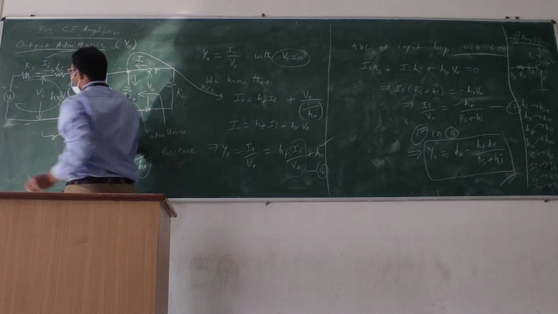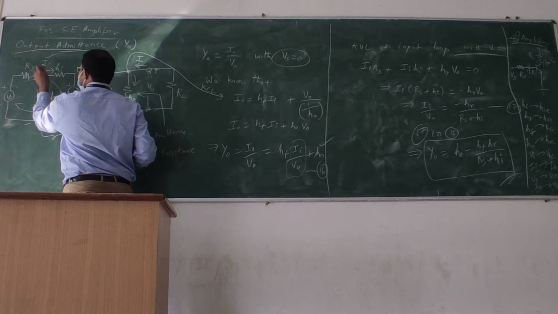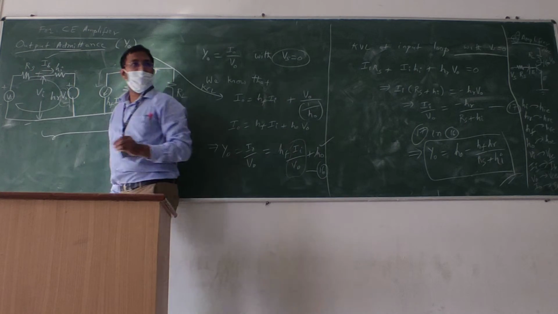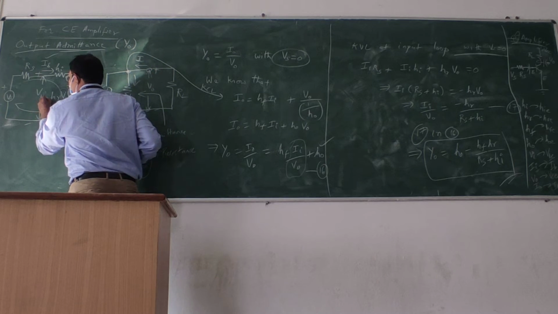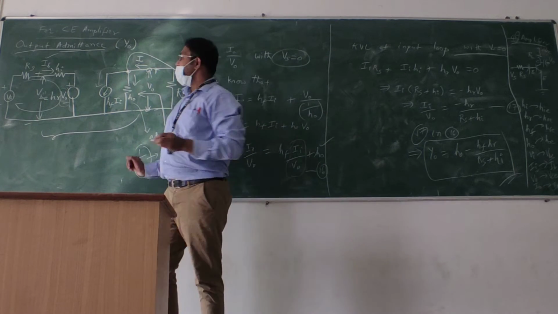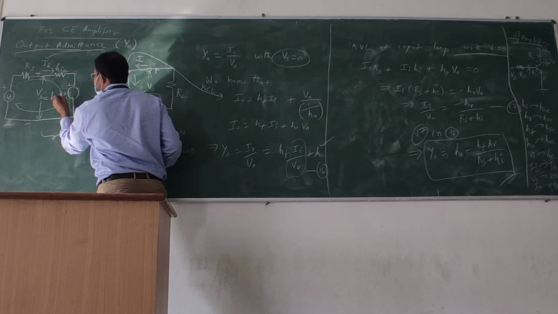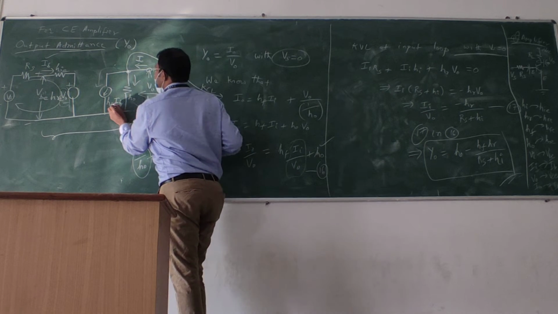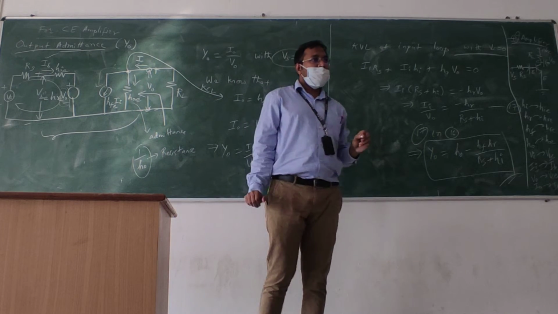So what are the changes? VS, RS as is. In case of II, we write IB. In case of VI, VBE. Okay. Next, all the h-parameters get second subscript E: HIE, HRE, HFE, HOE. Right?